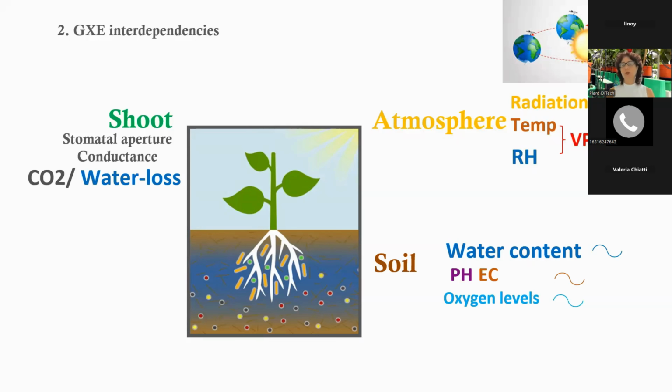The shoots also react to the atmospheric conditions, and it comes into play mainly in the stomata aperture, the stomata activity, stomatal conductance, and therefore how much CO2 comes in and how much water the plant transpires.